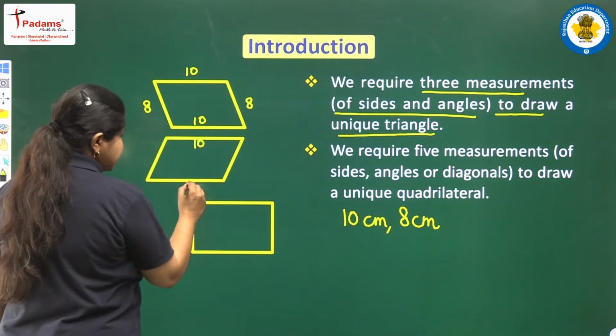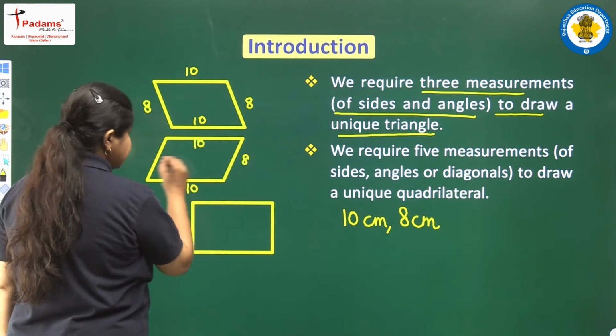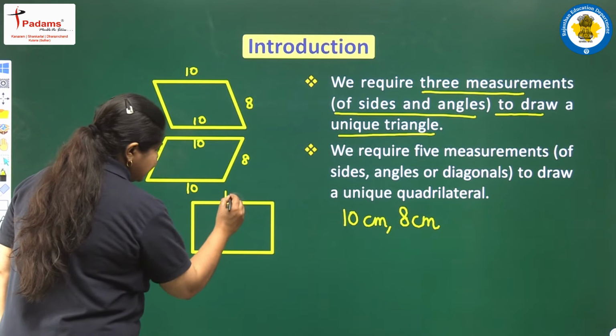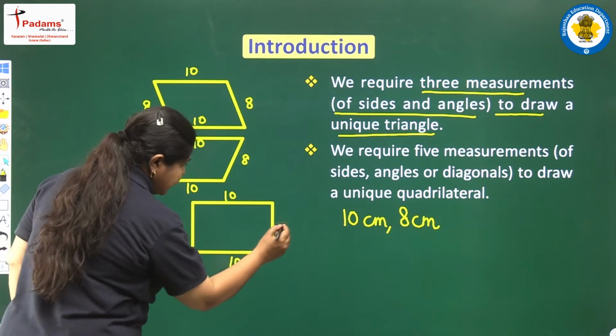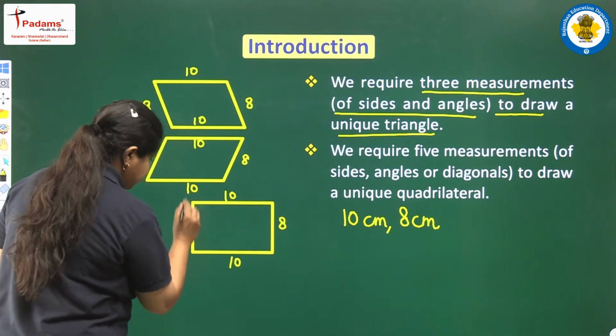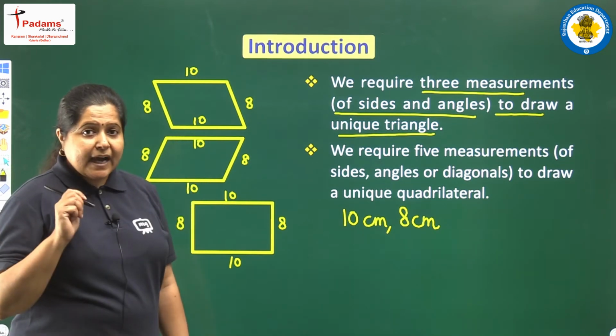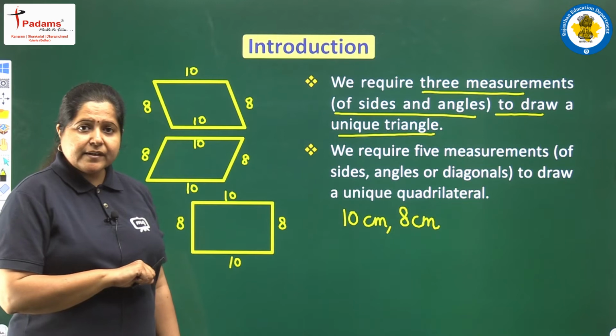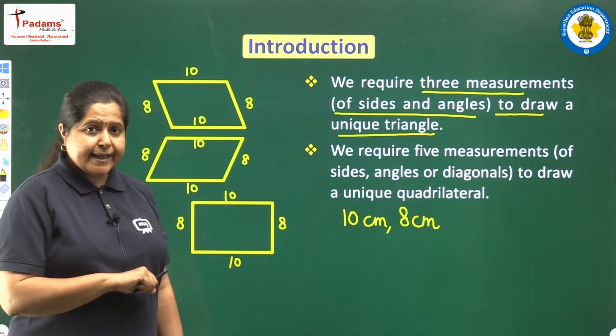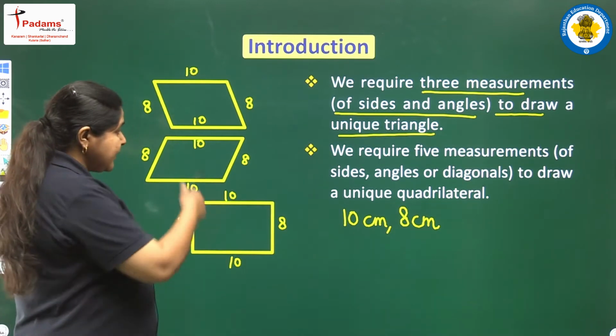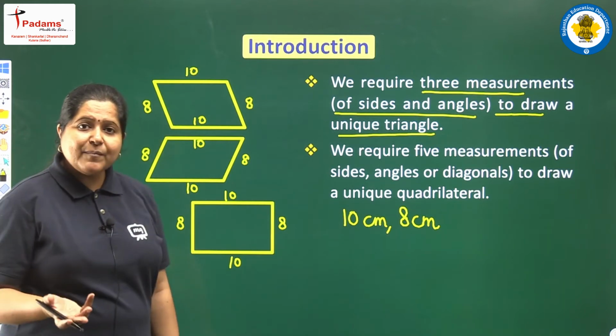Here again we have 10 and this one 8. Here again we have 10 and 8. So we are having 4 measurements here, and are we getting a unique quadrilateral or a unique parallelogram in this case? No, we are having 3 figures for the same measurements.